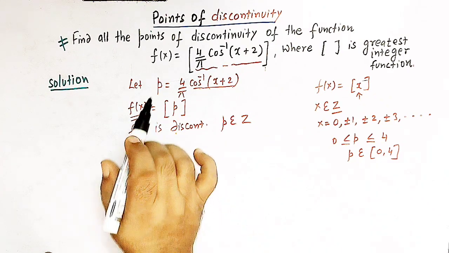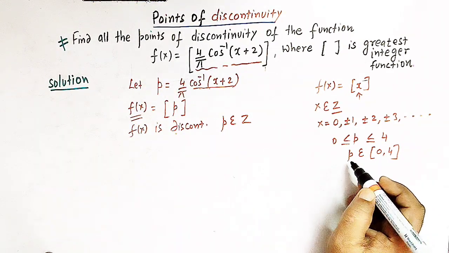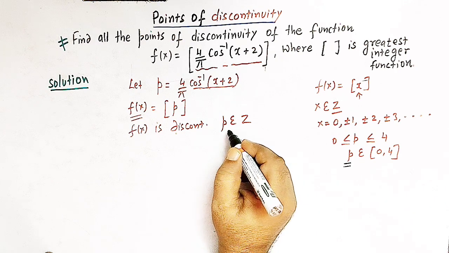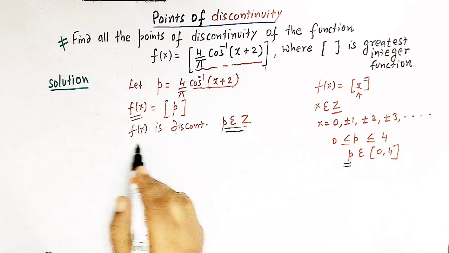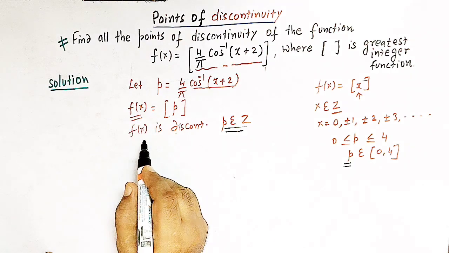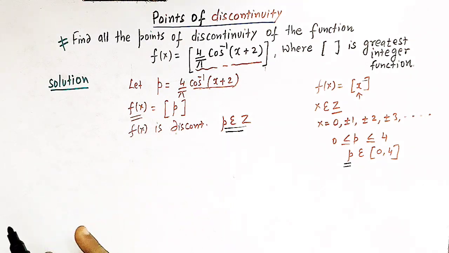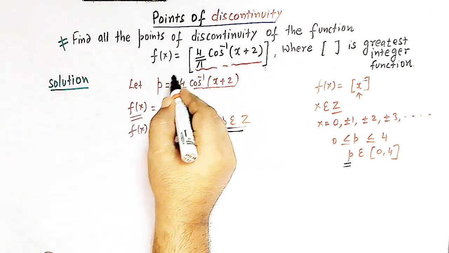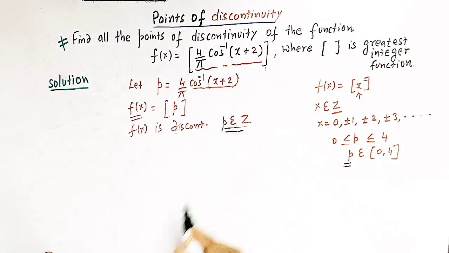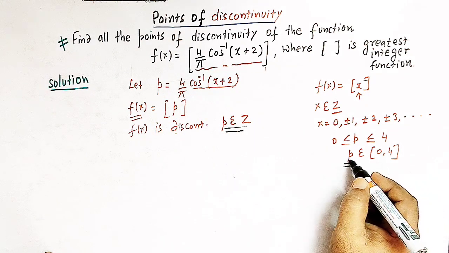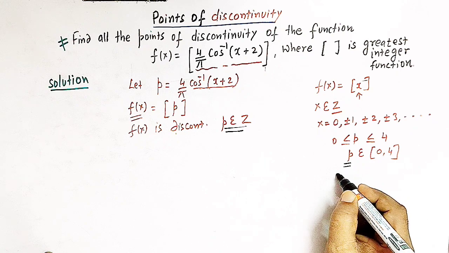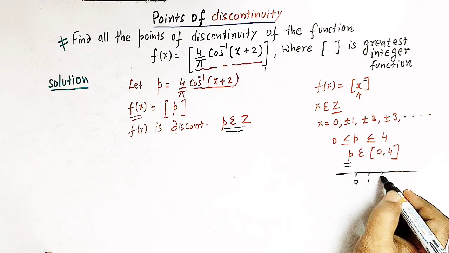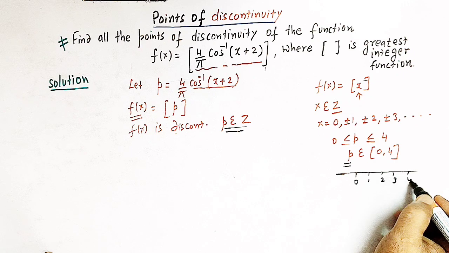So now to find the points of discontinuity, this p has to be an integer, because we have just claimed that this function f of x is discontinuous at all points where p belongs to the set of integers. So p belonging to this interval, here we have 0, then we have 1, 2, 3, 4, right?